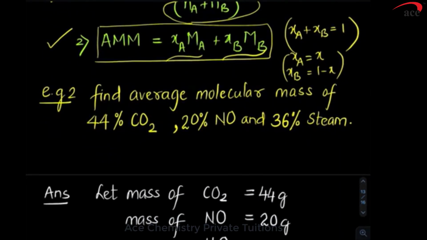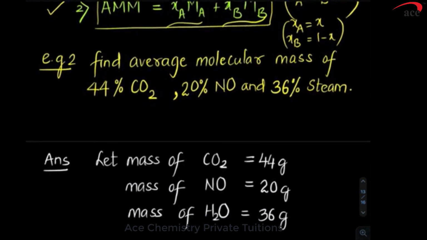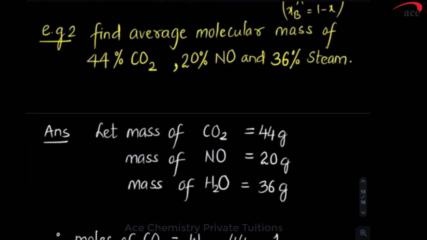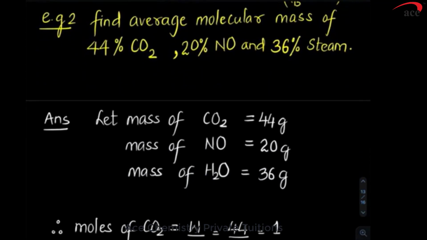So write this one more numerical. Find the average molecular mass of a mixture of 44% carbon dioxide, 20% NO, and 36% steam. Now they have given you percentage but no other information, then you can consider this is by mass.